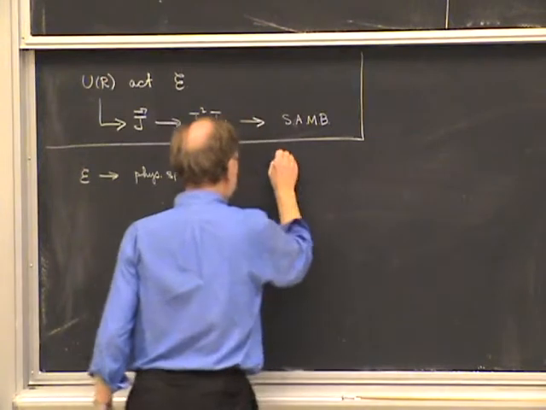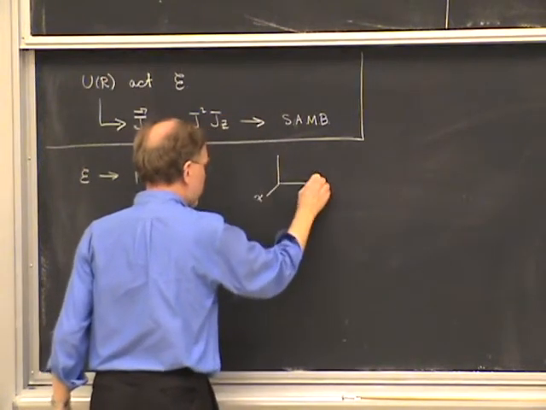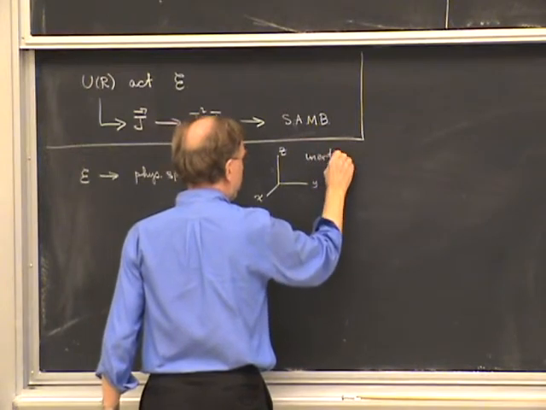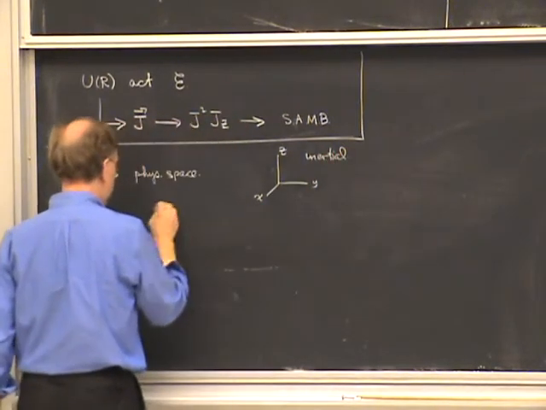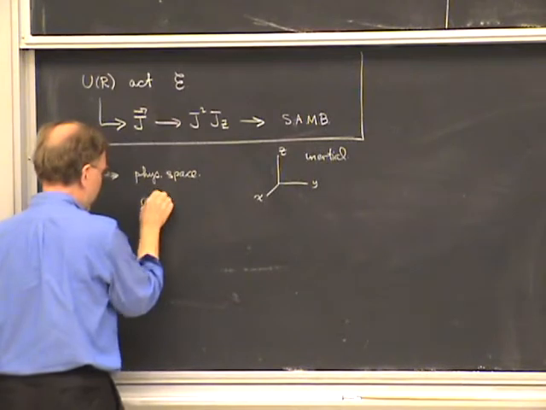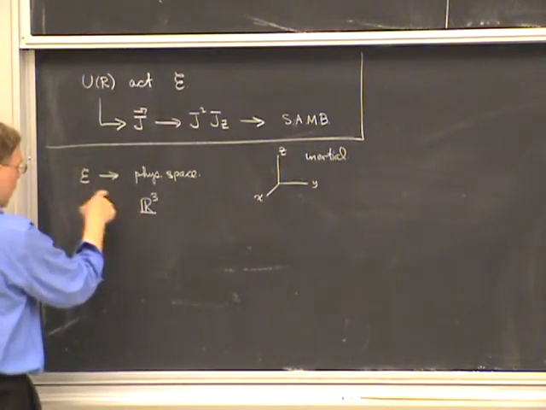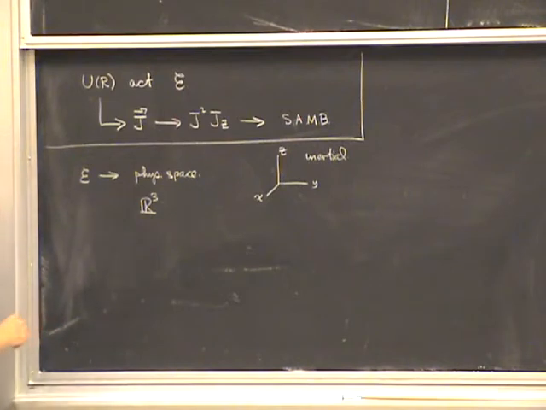So in ordinary three-dimensional space, we set up an inertial frame X, Y, and Z like this. If we do this, then the points of three-dimensional space can be identified by their coordinates, and so they become real 3-vectors, R3, in mathematical notation. So we can say that E gets replaced by R3.